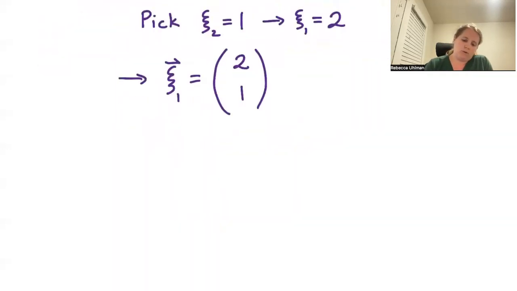So since we only have one eigenvector, our next step is to now find eta.